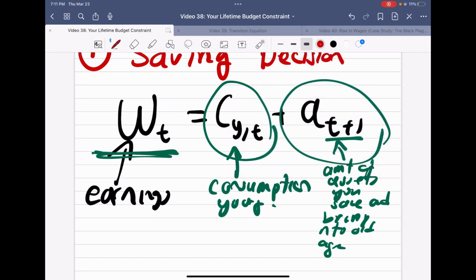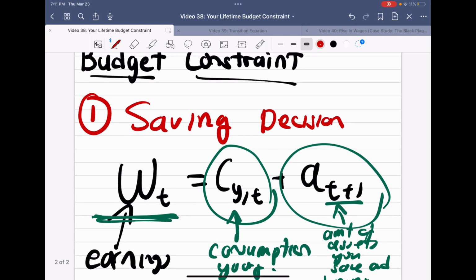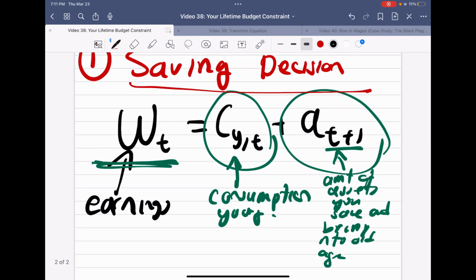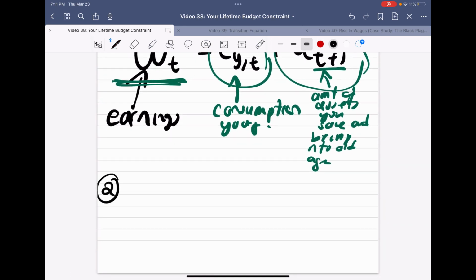Now, after we know how we save, let's see how we invest. It's our investment decision. So I'm going to write it here: investment decision. Note that if you invest something, you will get something in return.